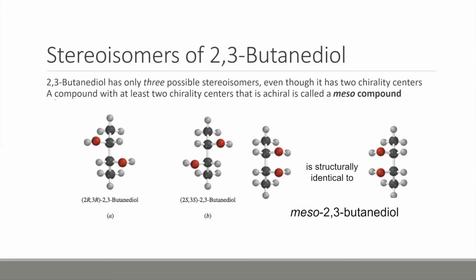Now, one special version of this is if a molecule is a meso compound. As an example, 2,3-butanediol only has 3 possible stereoisomers, even though it has 2 chirality centers. So you would predict that this would have 4 different stereoisomers. And when a compound has 2 or more chirality centers and it is achiral, we call it a meso compound.